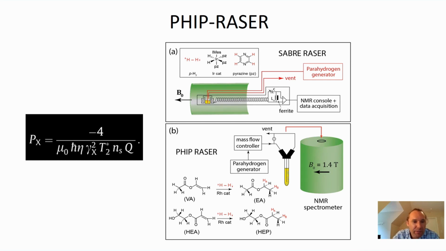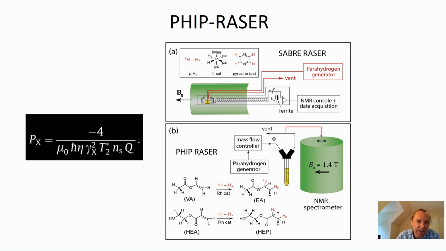One of the most important things about the RASER is that you need to cross a polarization threshold. And this is the equation here for the polarization threshold that is shown on the left. So your polarization is high enough to have RASER effects once it exceeds the values here.